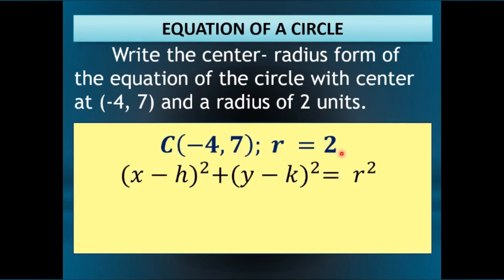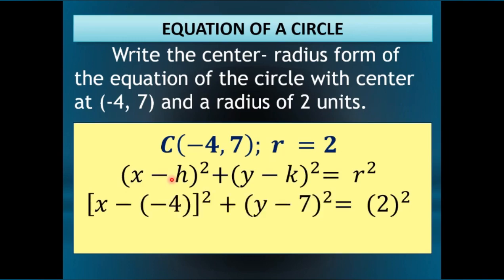So having again the standard form of the equation of the circle, we substitute our given values. So we have x minus our given h is -4 squared plus y minus the given value of k is 7 squared equals our r is 2, then we square it.